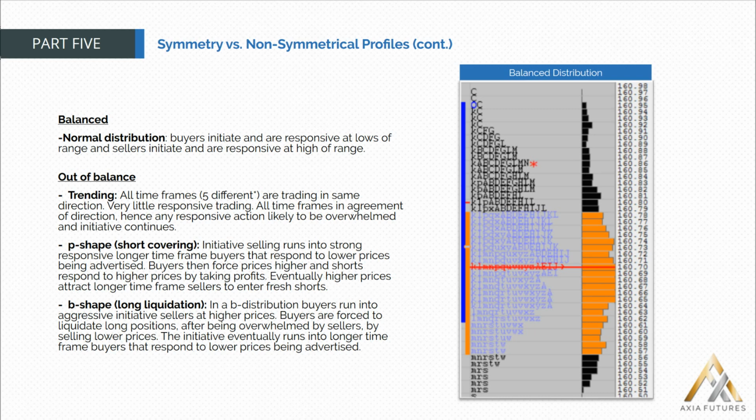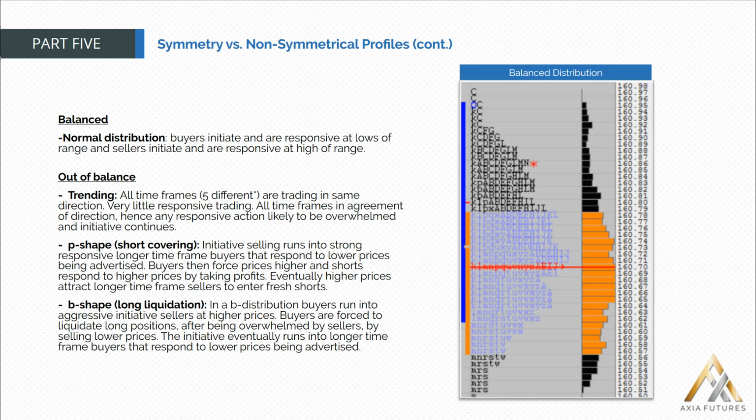Those responsive sellers keep selling, and eventually the buyers are forced to liquidate their longs by selling out of their position. This takes prices further lower until such a point that other longer time frame buyers respond to relatively cheaper prices. This then stabilizes the market, and we see further two-way trade.